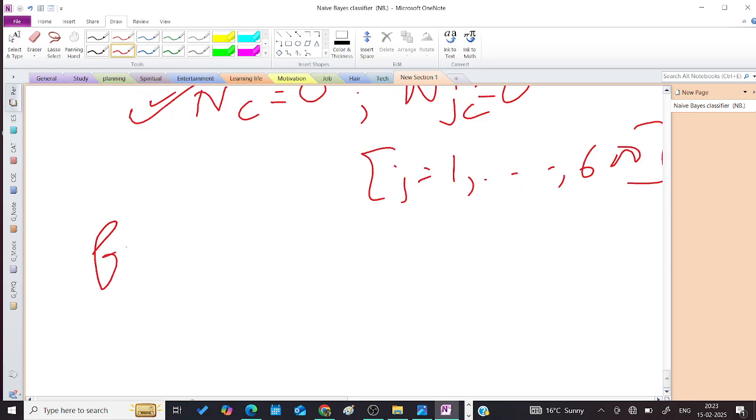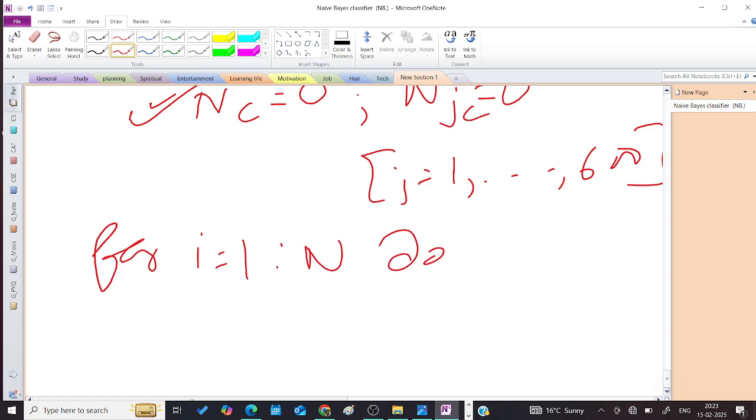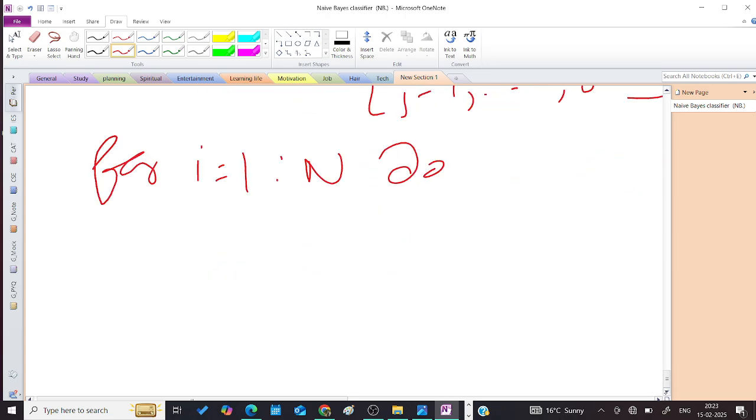Now for i equals 1 to n, do something, right? What is n? Total elements, so the total number of items which can be trained.